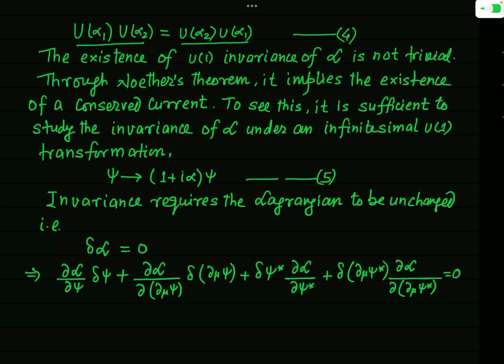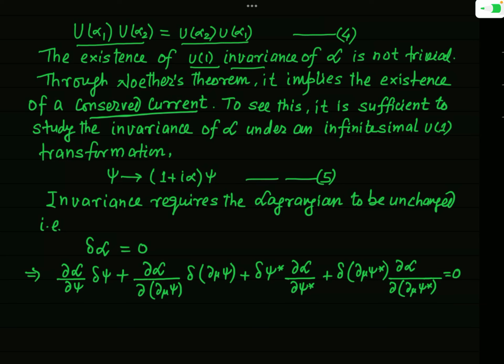Now one can think that the existence of the U1 invariance is just trivial, but it is not so. According to Noether's theorem, you can see that the existence of this invariance is not trivial, but it is due to the existence of a conserved current.